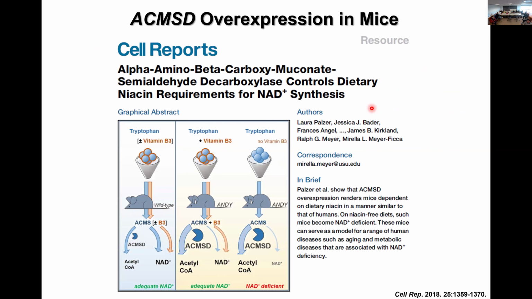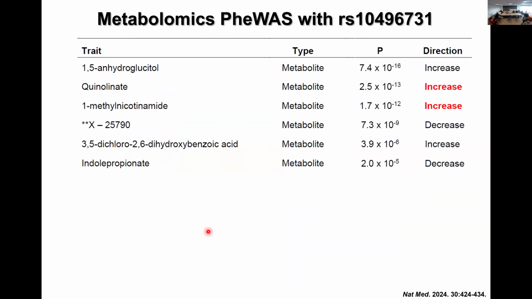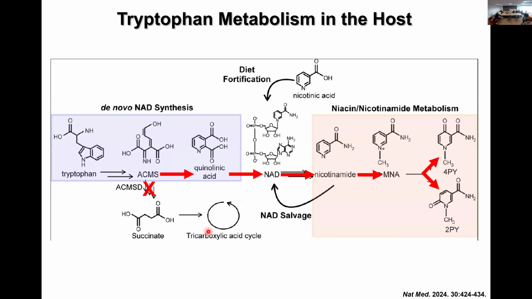Okay, so here's a model, again in mice, that is consistent with all this. This group didn't knock out ACMSD, but made a mouse that had a whole lot of ACMSD. So the mouse is fluxing away from nicotinamide. Let me go back and explain.